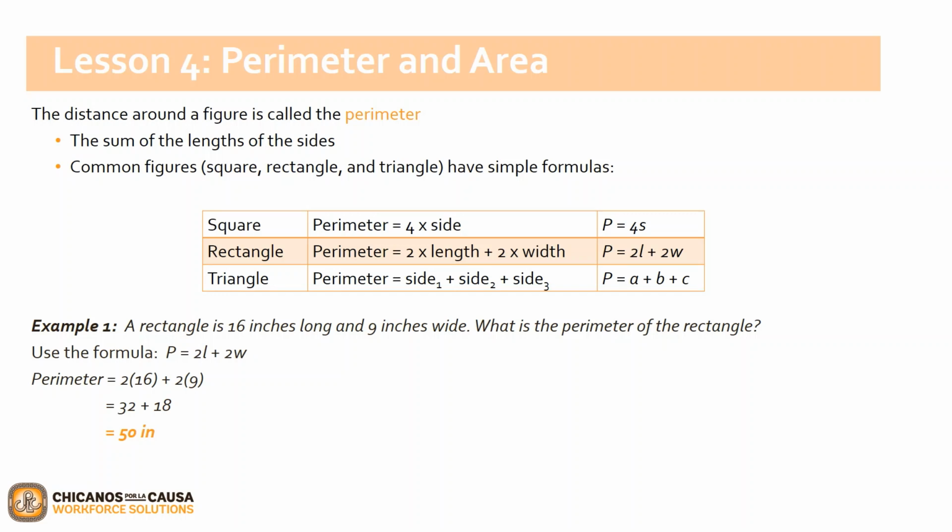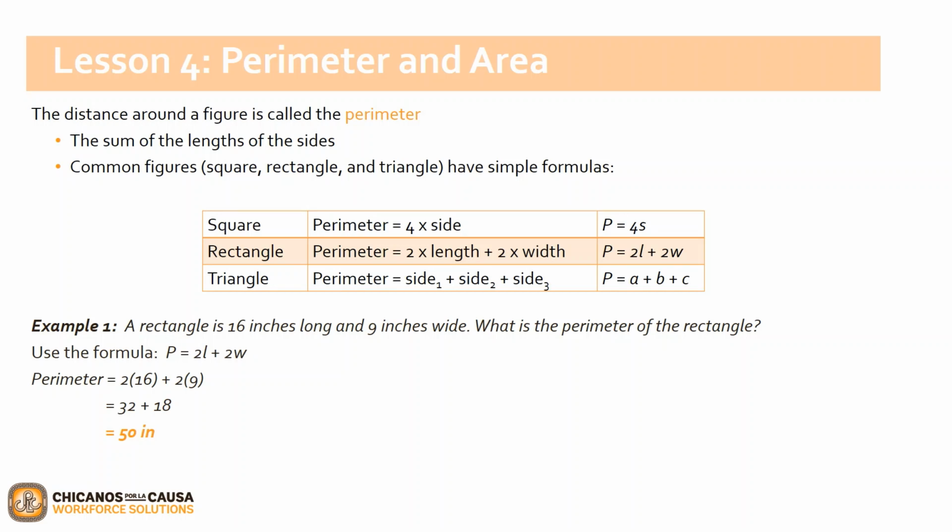So in order to find the perimeter, it's pretty much going to be the sum of the lengths of the sides. And here are the formulas for some simple common figures that we have: the square, the rectangle, and the triangle. So make sure that you remember or memorize these simple formulas because you're going to need them for the GED mathematical reasoning test.